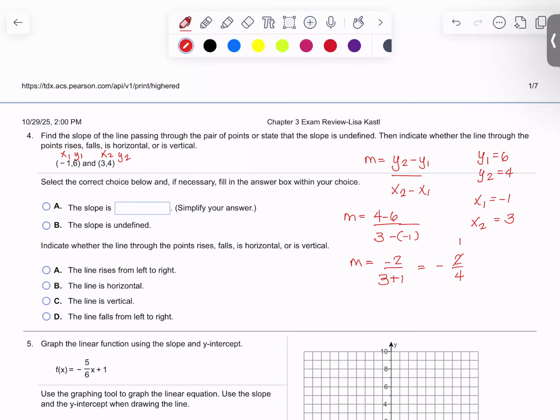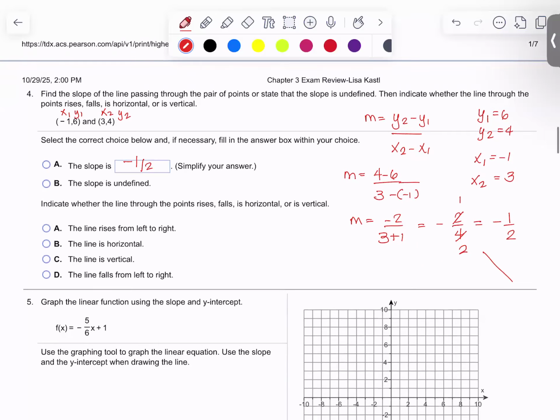I can divide numerator and denominator by the number 2, so that's -1/2. A slope that is negative falls from left to right. If it's positive, it rises. If it's negative, it falls. So this line is falling from left to right.